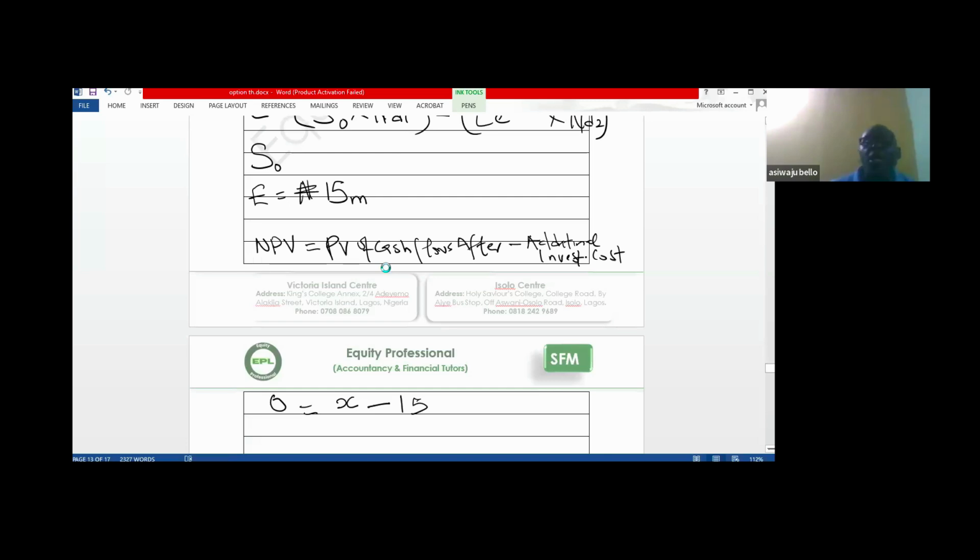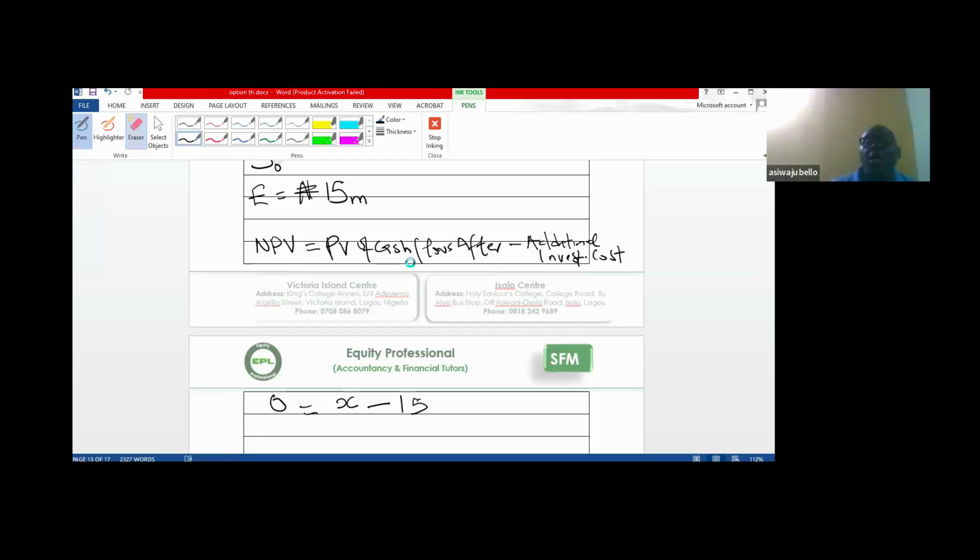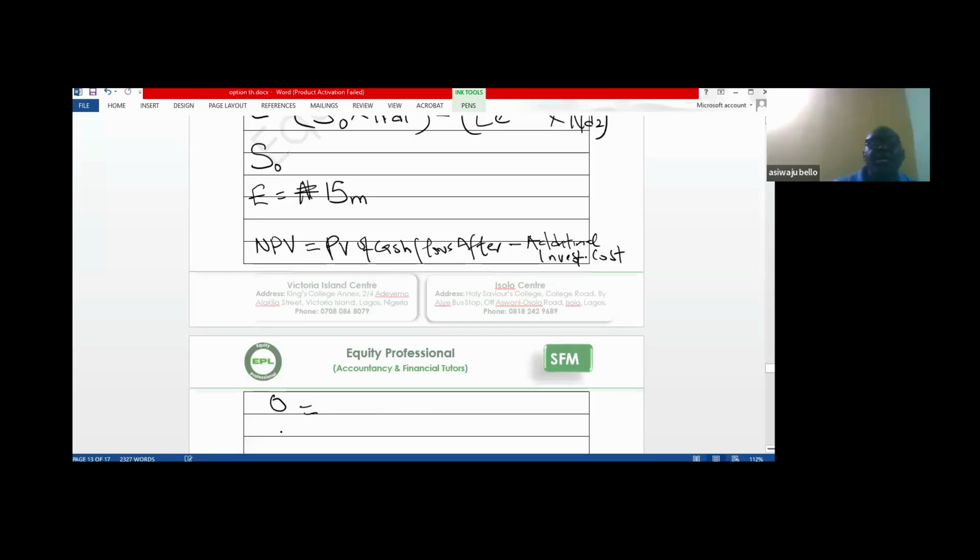If I cross minus 15 it becomes plus 15. That means present value of cash flow after expansion is also 15 million. Our XO is also 15 million because the expected NPV will be 0 after expansion.